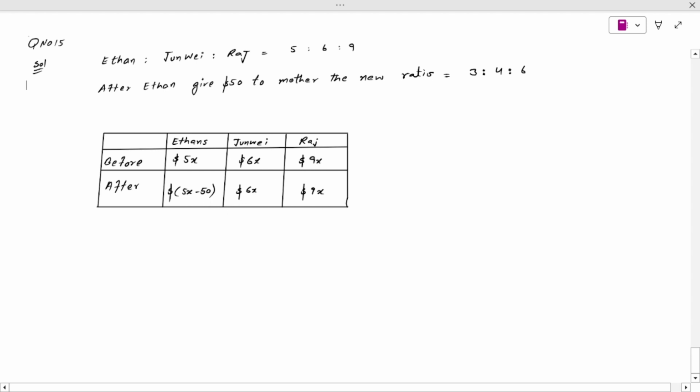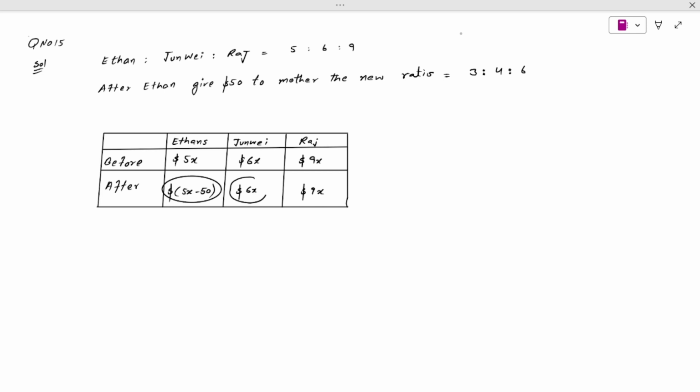We will consider the amount Ethan has after giving $50 to his mother. This is the amount of Ethan, and next, to make the ratio, we will take the amount of Junway.